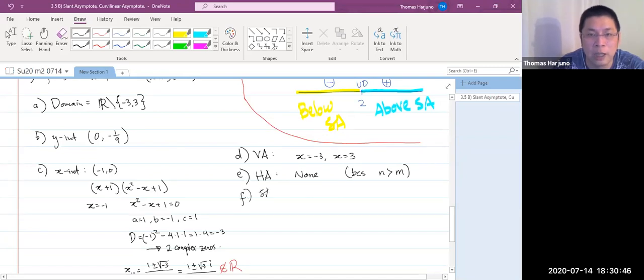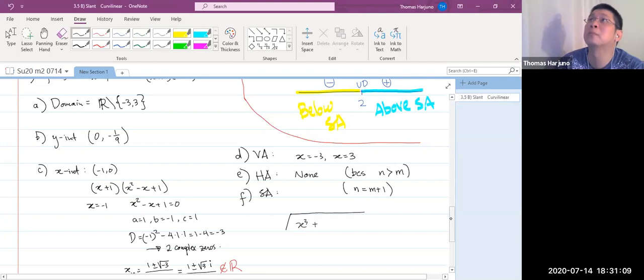How about the slant asymptote? Notice that n, which is the degree 3, is 1 more than the degree at the bottom, which is the degree 2. So I can actually divide it, and when I divide, I will get a linear equation.